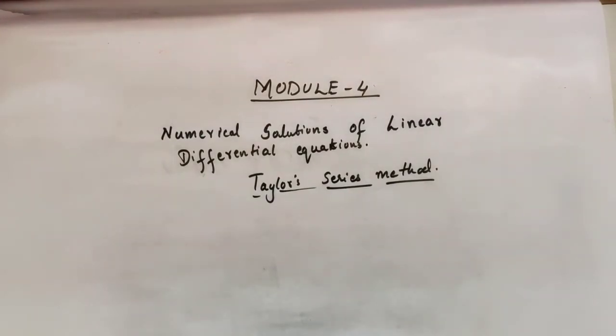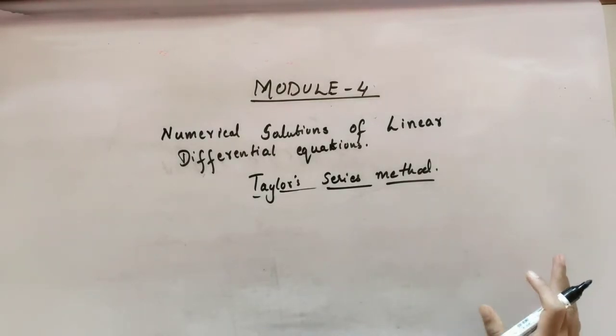Now let us first understand how we solve a differential equation using the Taylor series method and what we do exactly in it. The Taylor series method is the easiest of all; you just have to refer to the Taylor series. It's very simple.